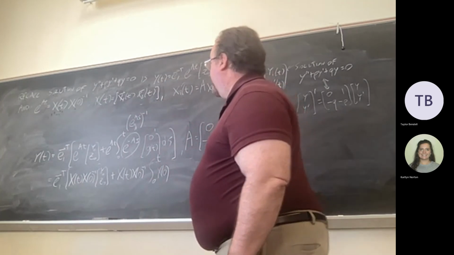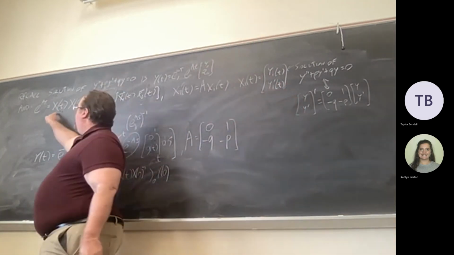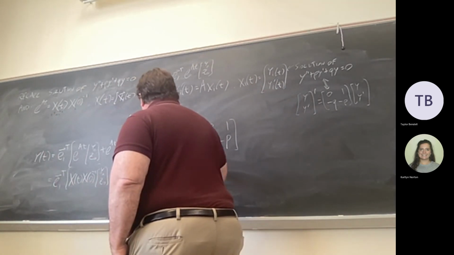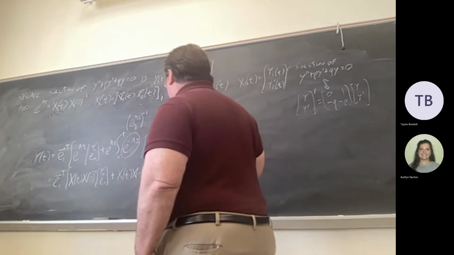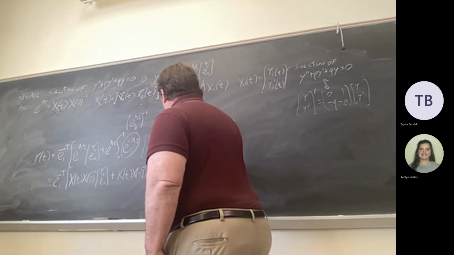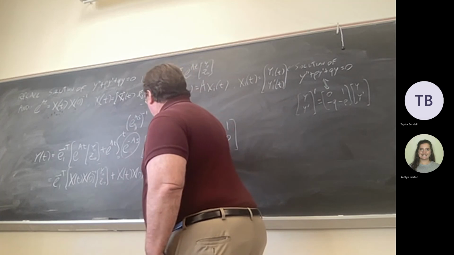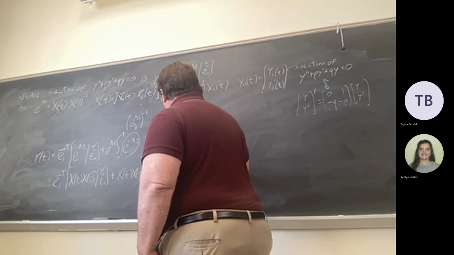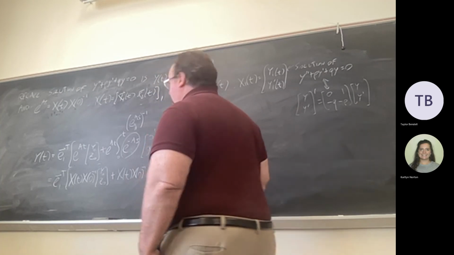And then I'll have the inverse of this going next, so that's x of s inverse. And then I have this vector here, g of, oh, that should be s, whoops. G of s.